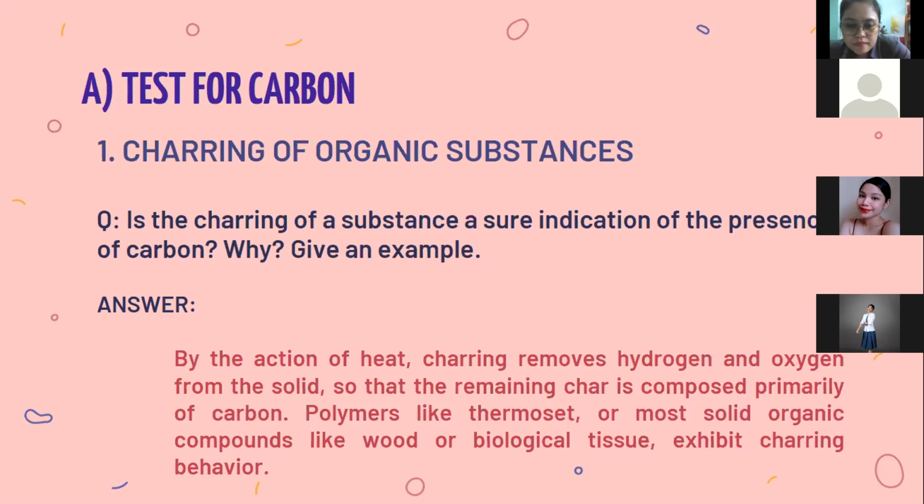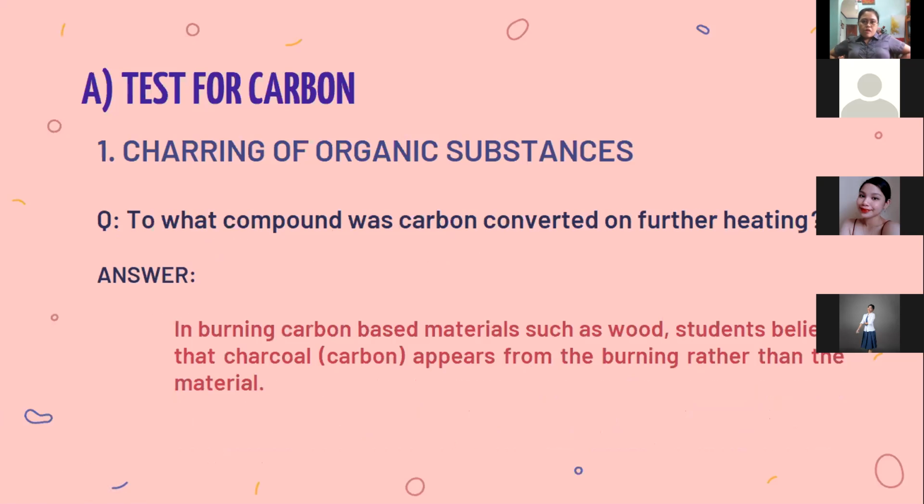Polymers like thermosets or most solid organic compounds like wood or biological tissue exhibit charring behavior. So next is a test for carbon. Number one still, and the question is, to what compound was carbon converted on further heating?